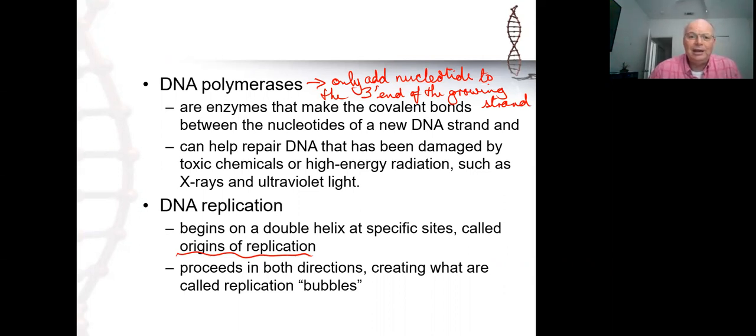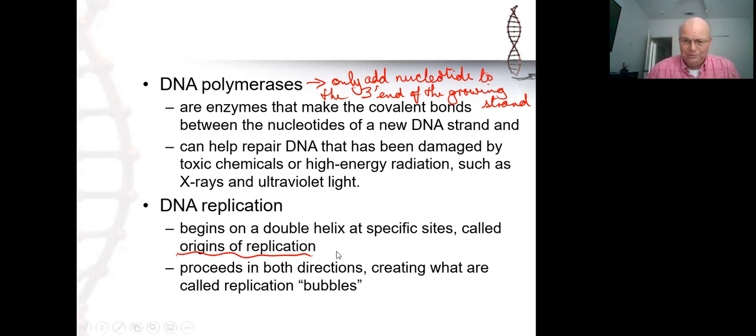And the helicases actually unwind and separate the two strands in both directions. So they actually move away from the origin of replication going in both directions. So the replication bubble grows and expands, moving away in both directions away from the origin of replication. And replication occurs at the point where the two strands are opening up, what's referred to as a replication fork at the ends of the bubble, at the opposite ends of the bubble. That's where all the action is taking place.